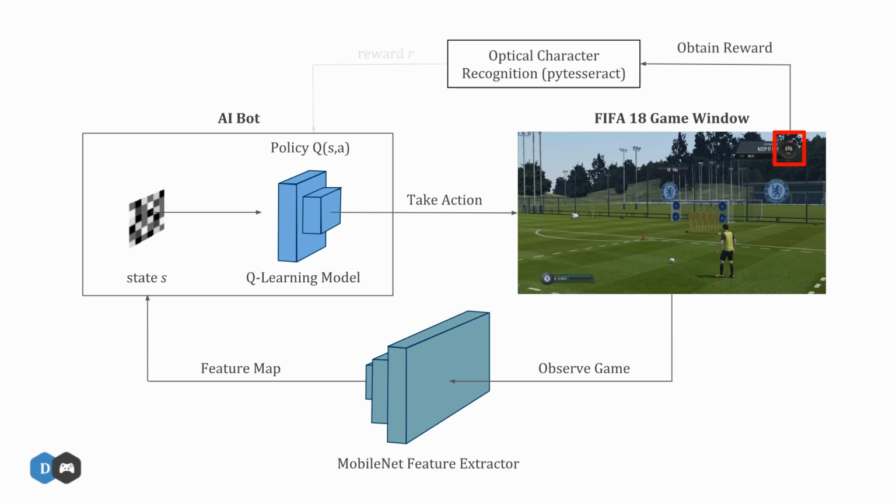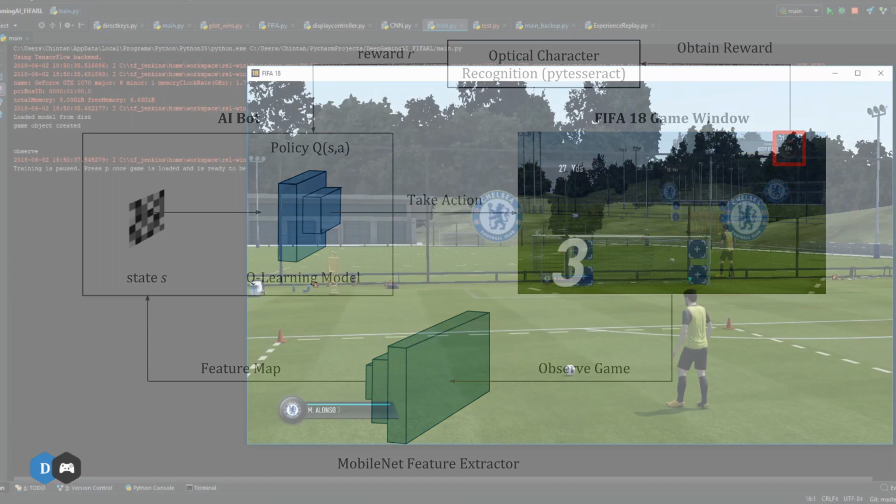Using OCR, we are able to parse and feed this information back to our neural network. It will adjust its policy based on thousands of such interactions with the game, and observing this feedback, it will learn over time. We expect the bot to perform better during this training process after a few thousand epochs.